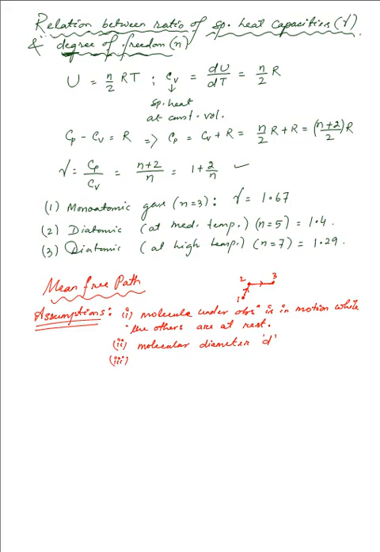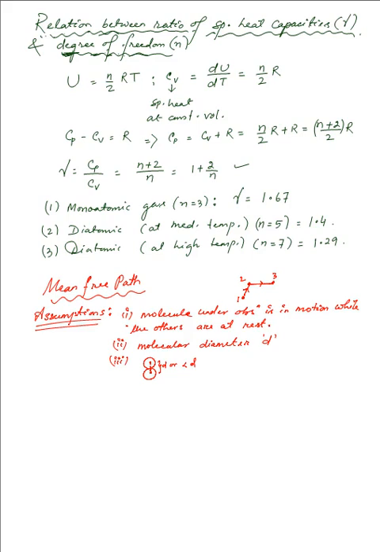Now, two molecules are said to have collided with each other if their centers are separated by a distance equal to or less than d, which is fair enough, because if we consider one molecule and another molecule which must have collided, of course, they are touching each other. There may be some compression between them, so the distance between the centers of the molecules must be d, or probably less than d as well.